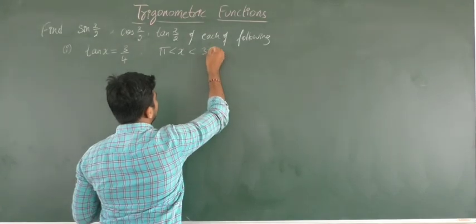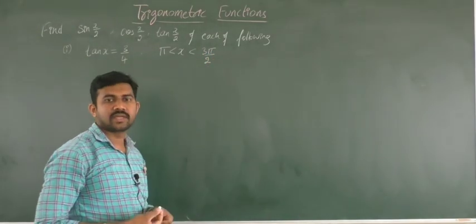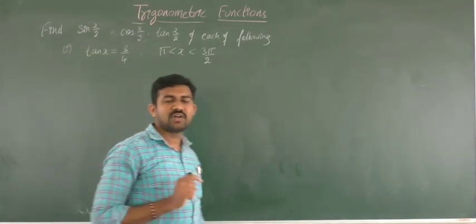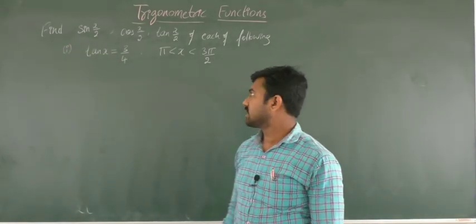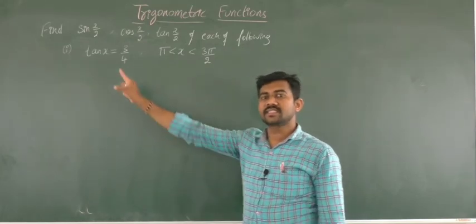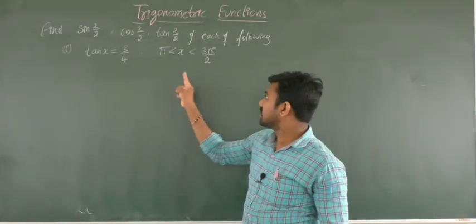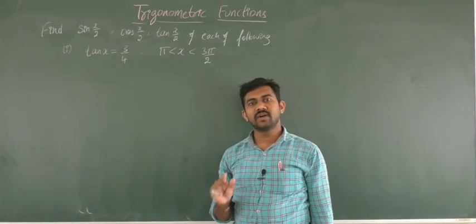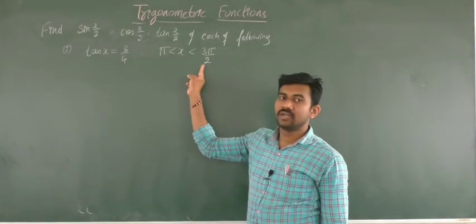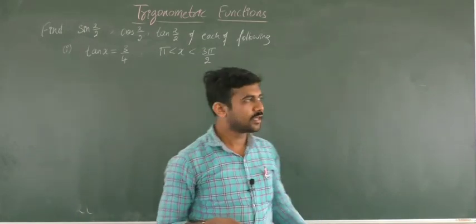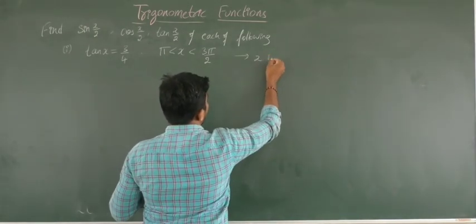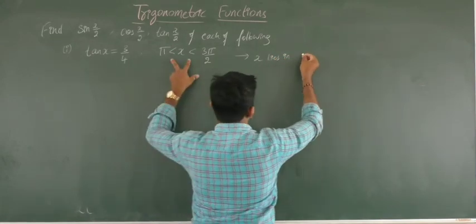Okay, fine. Find sin x by 2, cos x by 2, tan x by 2. Whenever tan x is equal to 3 by 4 and x lies between pi and 3 pi by 2, pi is nothing but what? 180 degrees, 3 pi by 2, 270 degrees. Means you can observe here x lies in the third quadrant.